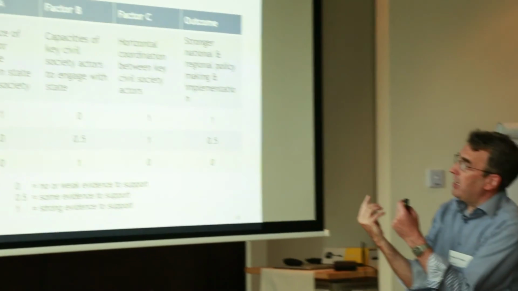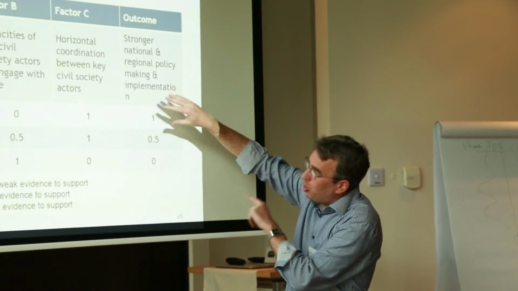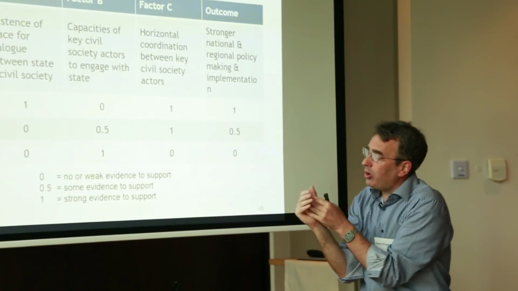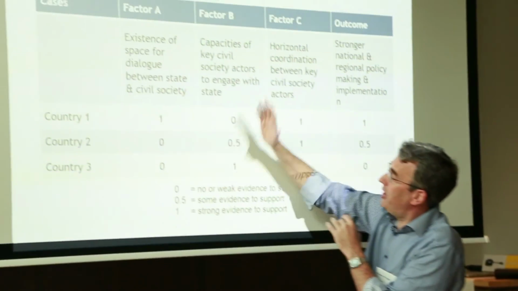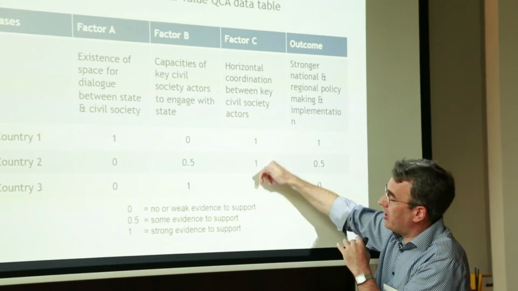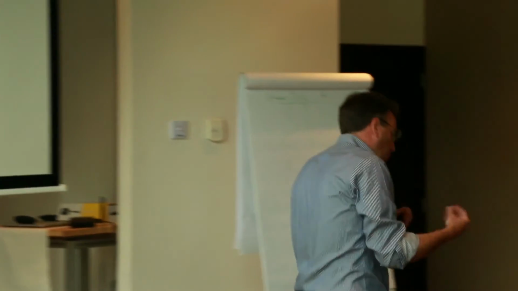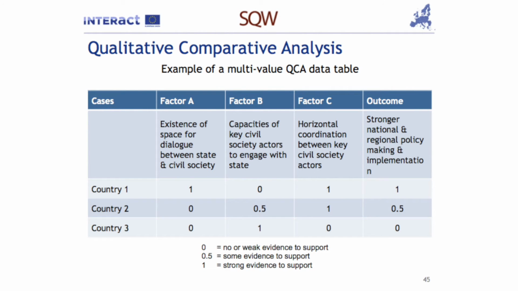And then finally the outcome that was being experienced by each of the countries, and he then worked through to say, okay, for this country, for this factor, what are these sorts of judgmental weights that I can give to what I am observing through this qualitative comparative analysis.